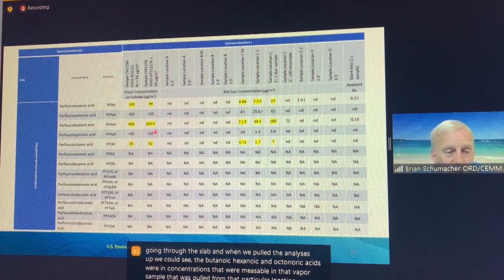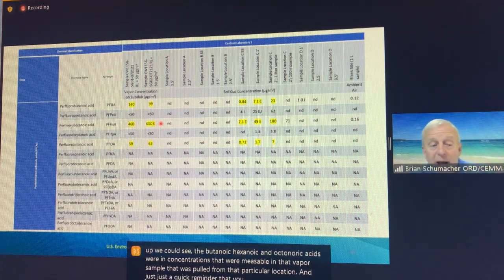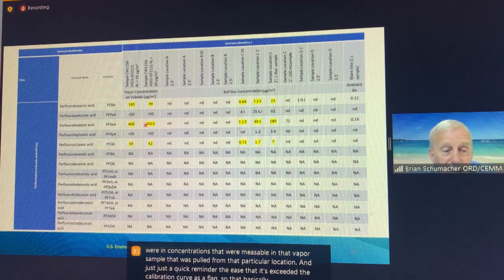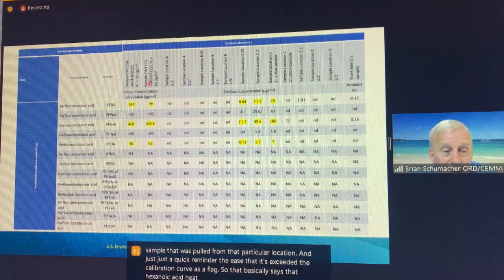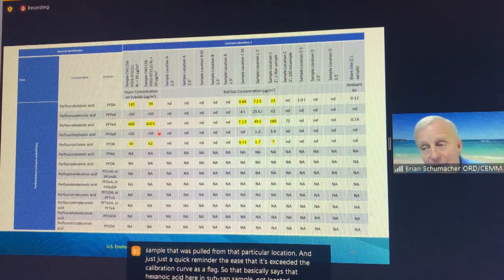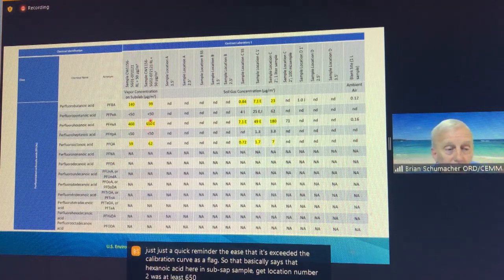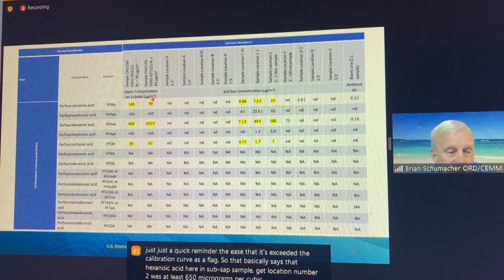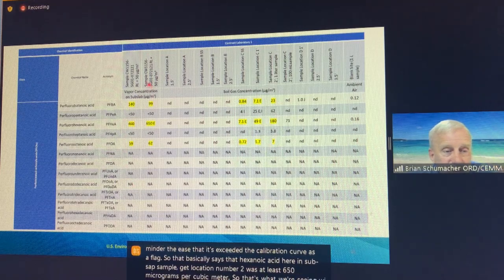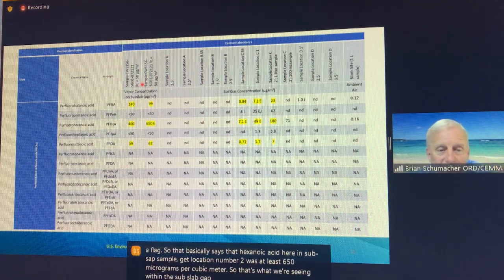And just a quick reminder, the E is a flag that the result exceeded the calibration curve. So that basically says that the hexanoic acid here in subslab sample location number 2 was at least 650 micrograms per cubic meter. So that's what we're seeing within the subslab gas in our pilot study.